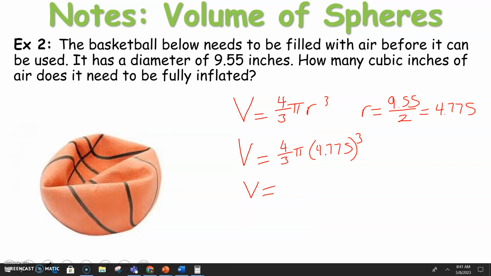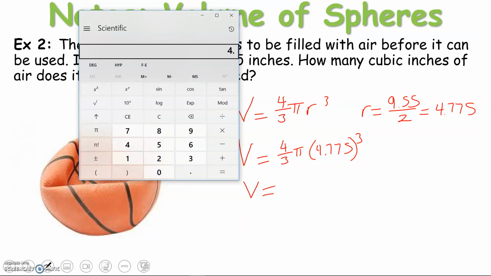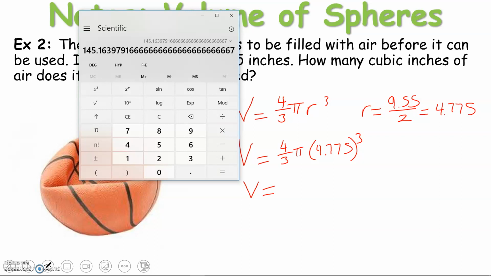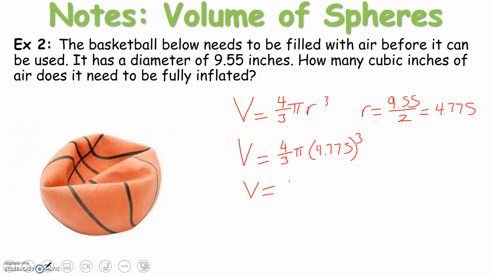So we get 4.775 to the power of 3 times 4 divided by 3 times pi. And we get 456 cubic inches, approximately.